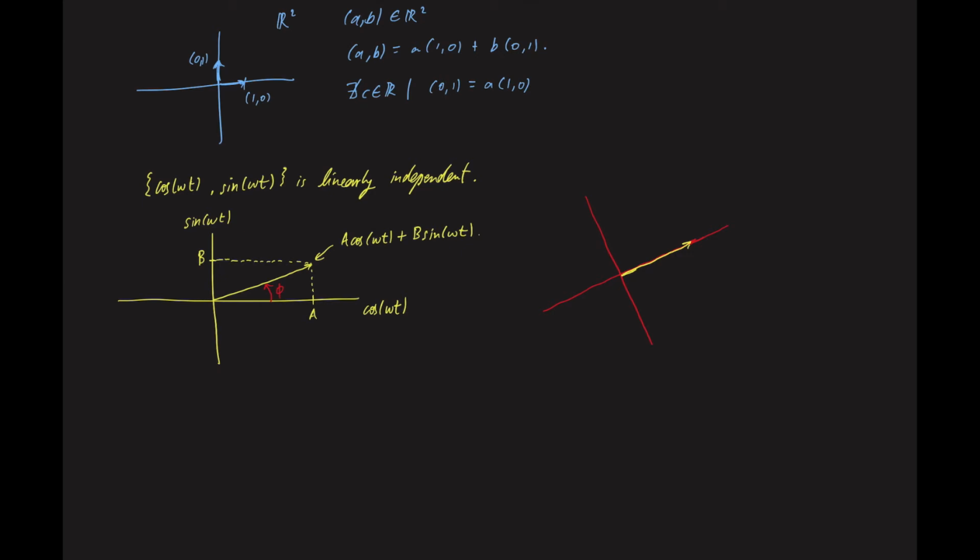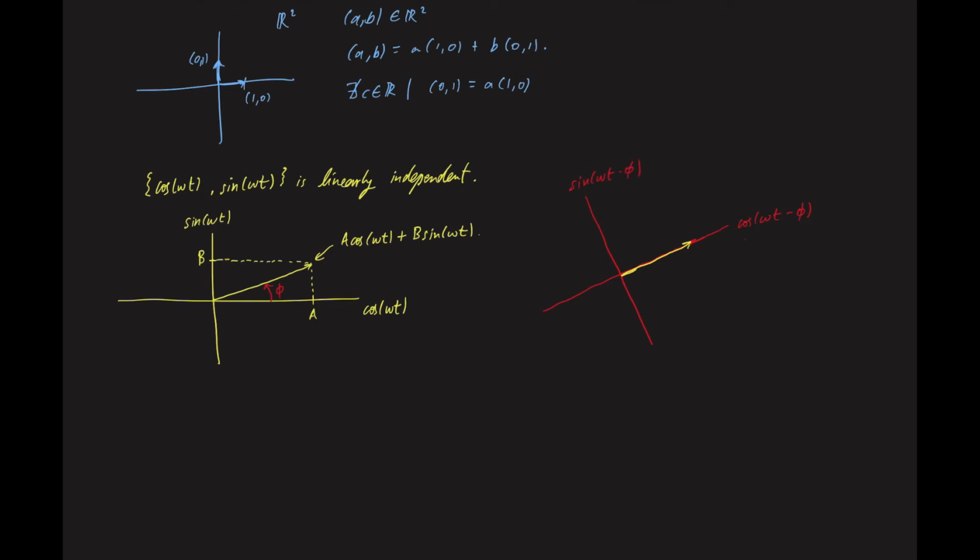The question is, what are these two directions? The horizontal direction in the first picture, the left-hand picture, is cosine omega t. If we rotate that vector by an angle phi, then this corresponds to the function cosine omega t minus phi, where we've rotated our basis by an angle phi. And the vertical axis here corresponds to sine omega t minus phi.